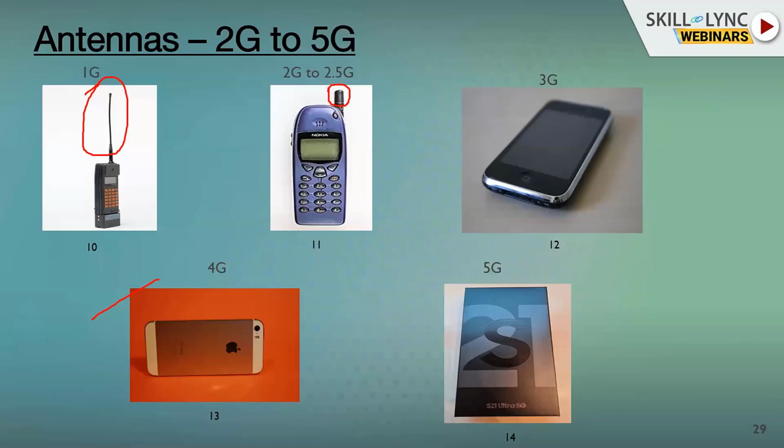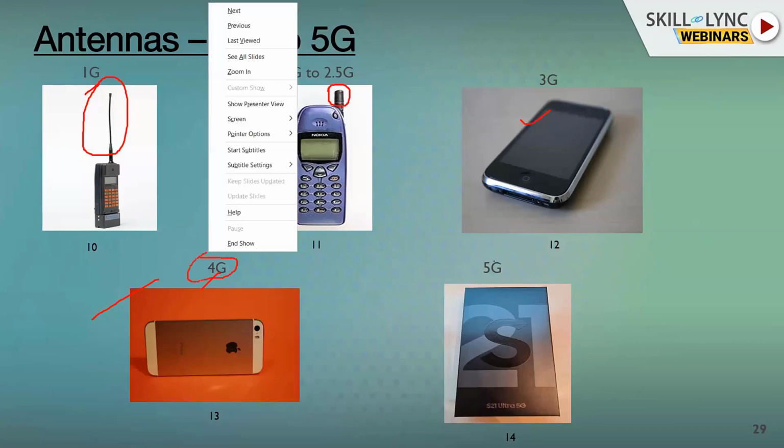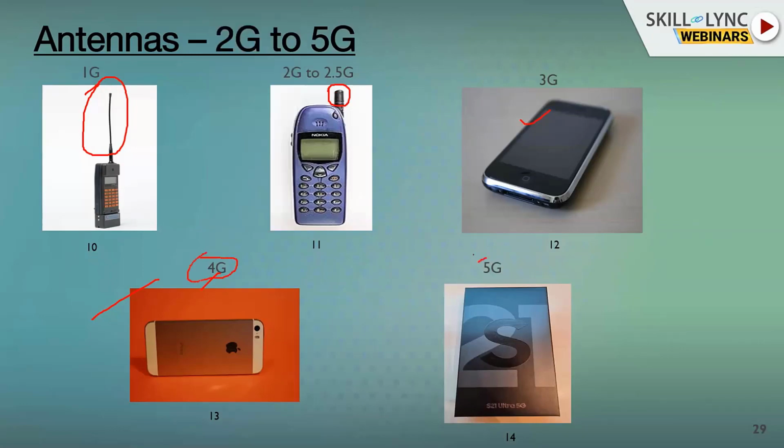And in 3G, we had multi-band antennas, which had to support 2G and 3G, Wi-Fi, Bluetooth, and GPS as well. In 4G, it has to support all of 3G, 2G, Wi-Fi, Bluetooth, and also MIMO. But in 5G, it is even more complex because it has to support MIMO, massive MIMO arrays, and 4G as well.